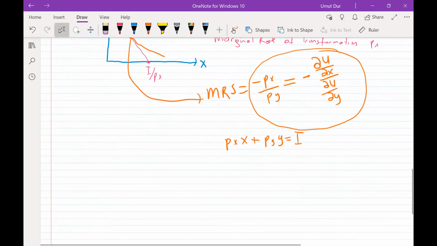First of all, let me remind you that we have seen three different kinds of indifference curves.